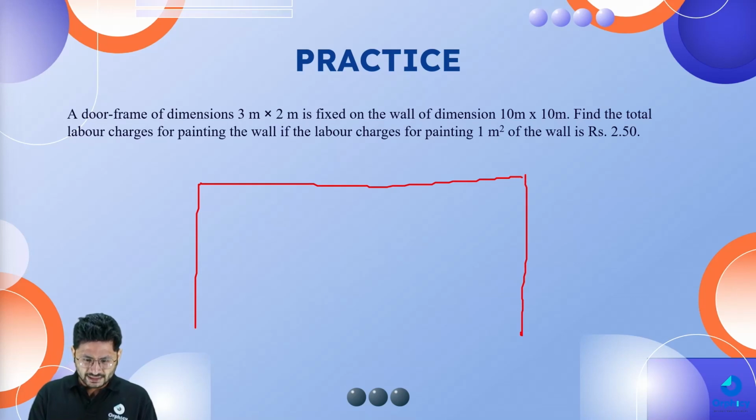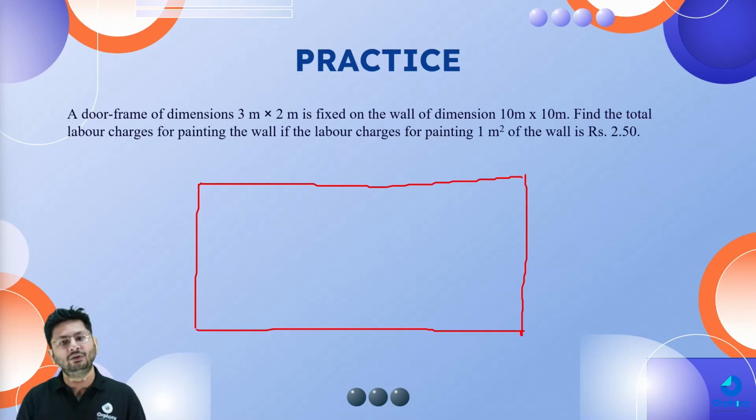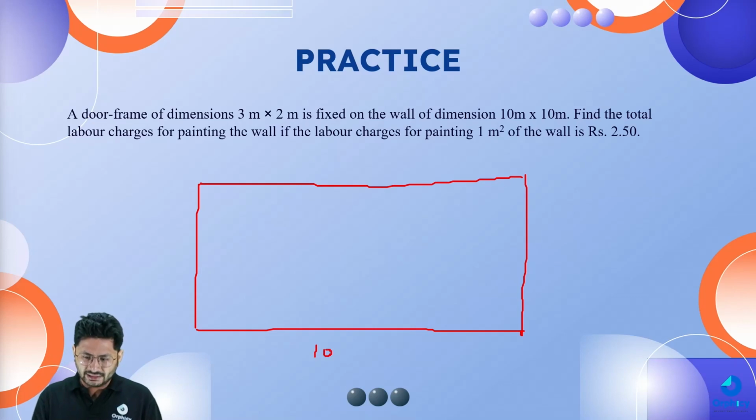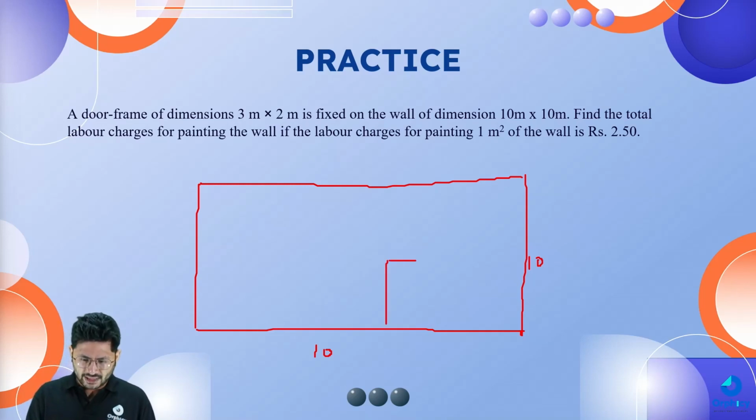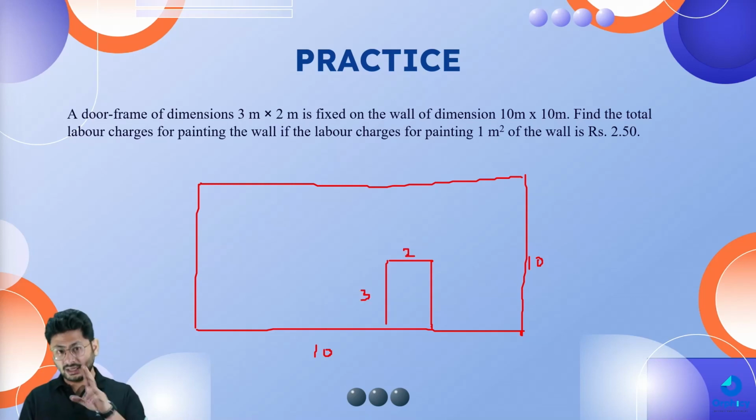So basically this is the wall we are talking about and the dimensions are 10 meters cross 10 meters और एक डोर फ्रेम उस पे लगा हुआ है. तो ऐसा कुछ डोर फ्रेम होगा और उसके डायमेंशंस बोल रखे हैं that this is 3 cross 2. कभी भी डोर फ्रेम को या विंडोज को पेंट नहीं करते, always remember this thing, that's why the dimensions of the door frame is given.